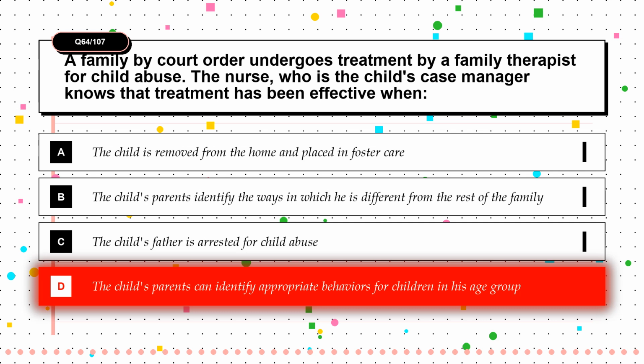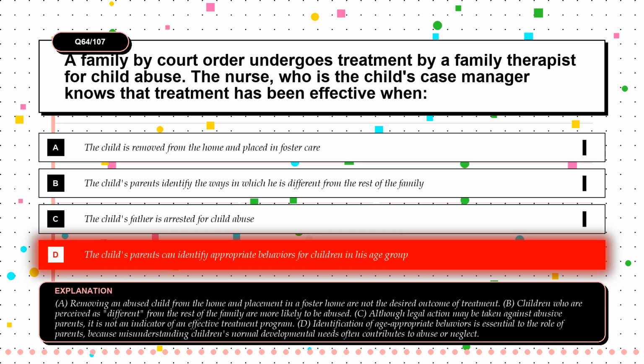The correct answer is option D. The child's parents can identify appropriate behaviors for children in his age group. Removing an abused child from the home and placement in a foster home are not the desired outcome of treatment. The children who are perceived as different from the rest of the family are more likely to be abused.